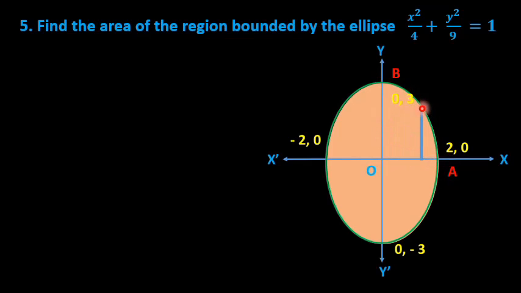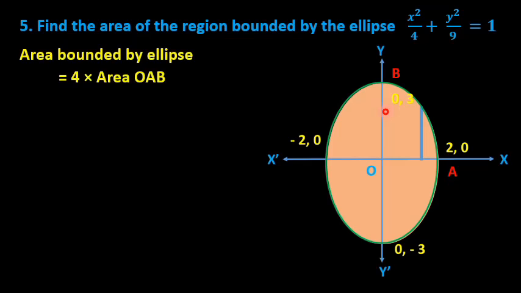For this area, taking the vertical stripe. Here you can take the horizontal stripe also. You can try by yourself, but I am taking the vertical stripe. And we multiply by 4 in order to get the total area of the ellipse. So we can write the area bounded by the ellipse equals 4 into the area of OAB.